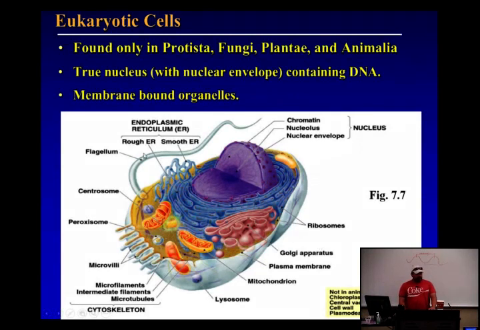No, there are ribosomes on the rough endoplasmic reticulum. That's why it's called the rough endoplasmic reticulum. There are also ribosomes just out here, called free ribosomes. We're going to talk about the difference between the two in a second. Any other questions?